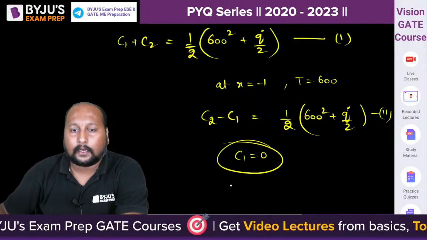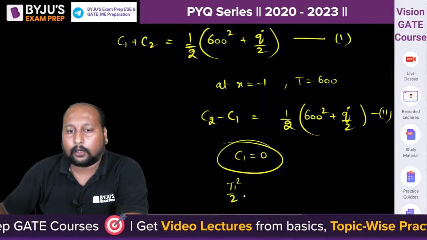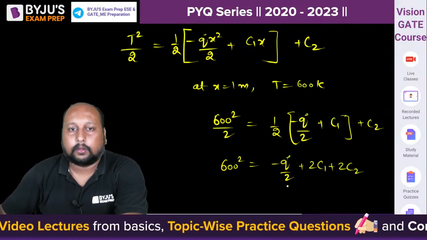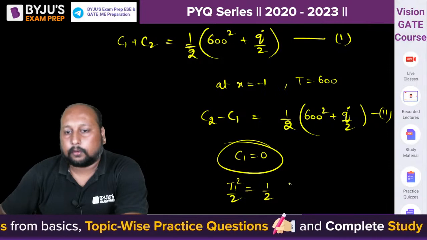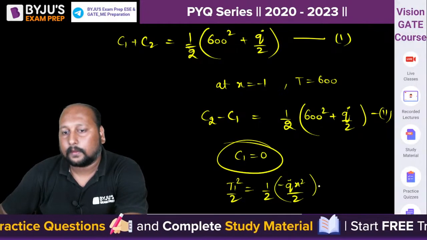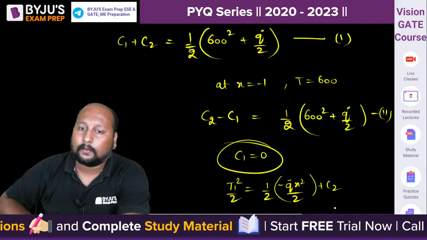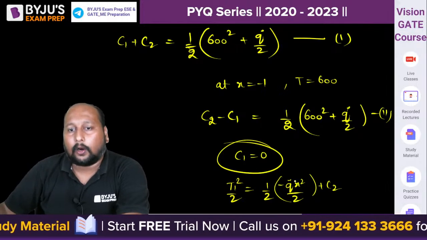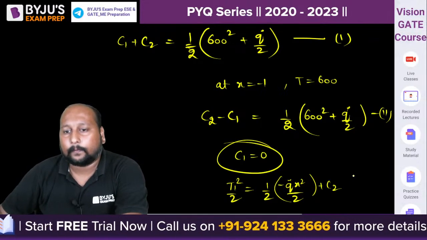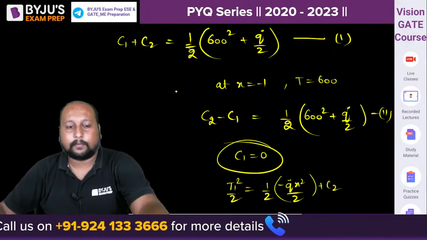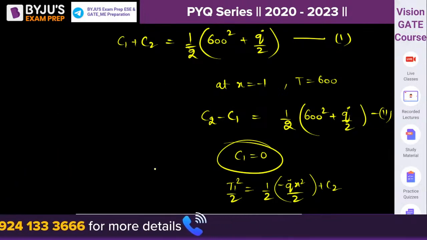I can say that T square by 2 is equal to 1 by 2 Q dot x square by 2 with a negative sign plus C2, right? Okay. Clear? So now let us place x equal to 1. Let me hide myself, or else I won't be able to solve it.